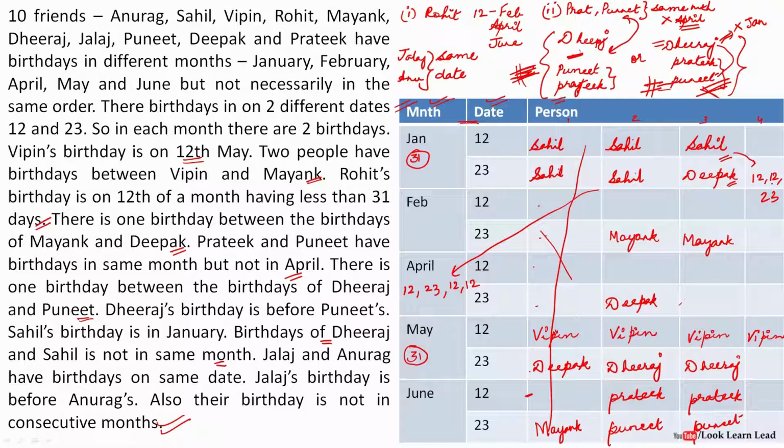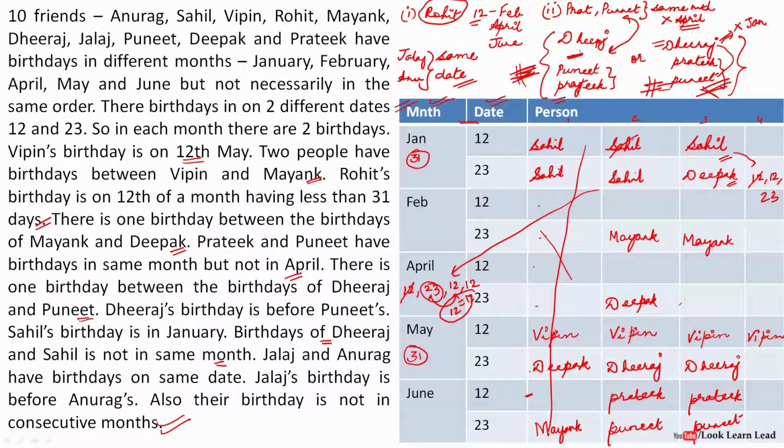Now, the 12 in both these is reserved for Rohit, because Rohit's birthday is on the 12th. It can be on Feb 12, April 12 or June 12. It is said that Jalaj and Anurag have the same date. Here, if we choose 23 for Sahil, then this 12 would be equal to this 12, that is the same date.